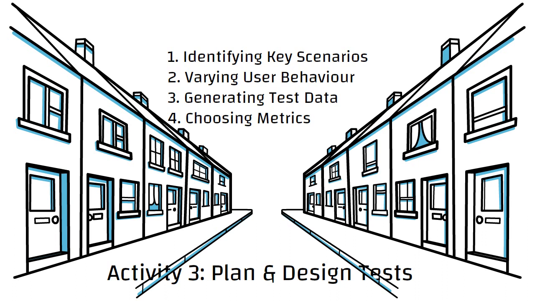And coming to choosing metrics, we have to decide what data you need to measure during the tests. This data will tell you how well your application is performing. Coming to the second part, when you design your test, your aim is to create simulations that mirror real life usage.